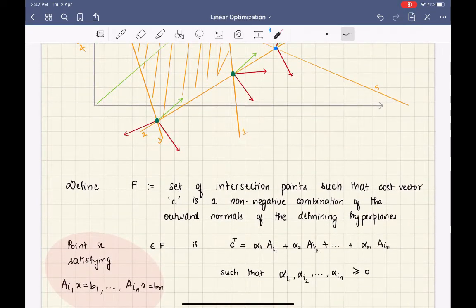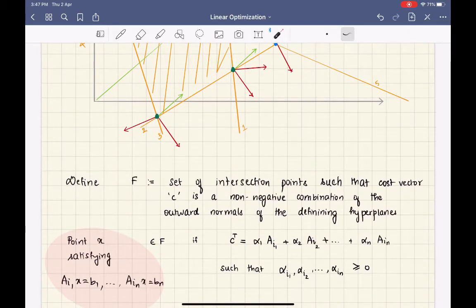In a more precise sense, a point X which satisfies n equalities, that is an intersection point, is in F if the cost can be written as a non-negative combination of these particular vectors. Here I am taking a_i1 to be a row vector, and that's why I am using C transpose.